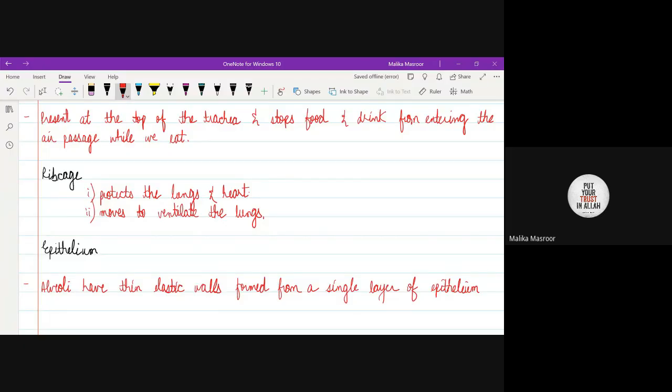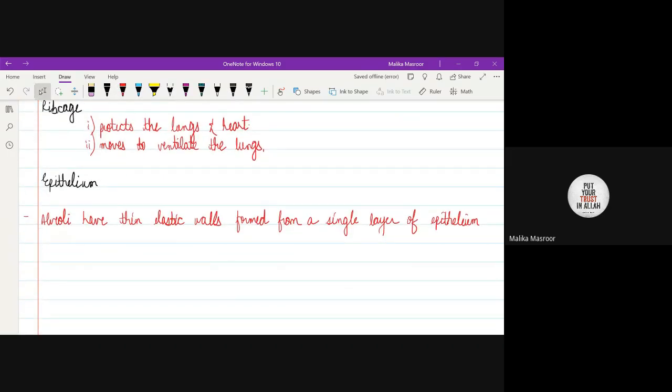So ventilation, I've told you earlier, refers to the movement of air into and out of the lungs and includes the exchange of oxygen and carbon dioxide, which takes place between the air and the blood vessels in the lungs. Oxygen will combine with hemoglobin to form oxyhemoglobin.